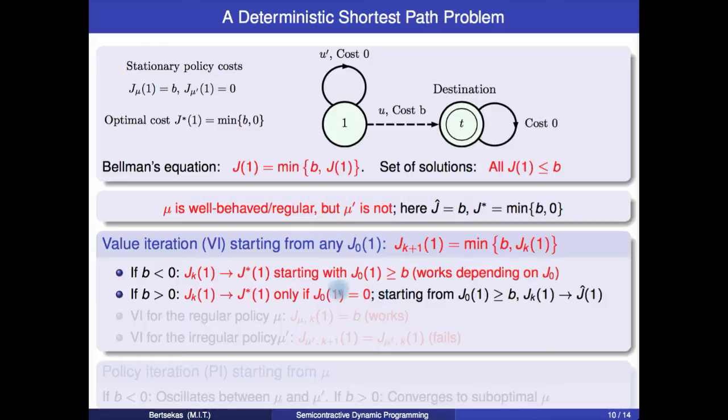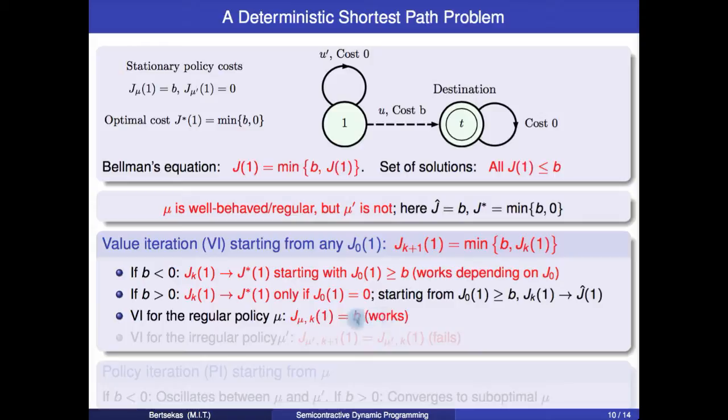Okay, so value iteration for the problem is somewhat flaky. Let's consider value iteration restricted to the two policies. So value iteration for the regular policy considers only the transition to the destination, and it has this simple form, and it works. It gives you, in one iteration, the cost of the regular policy.